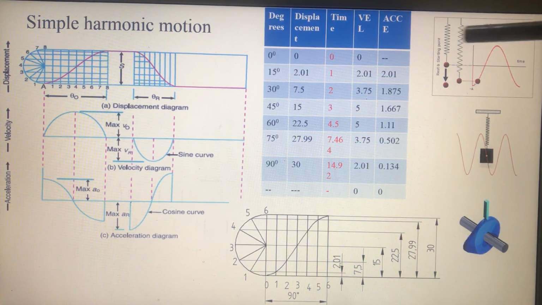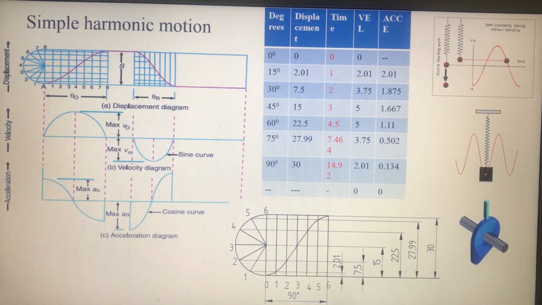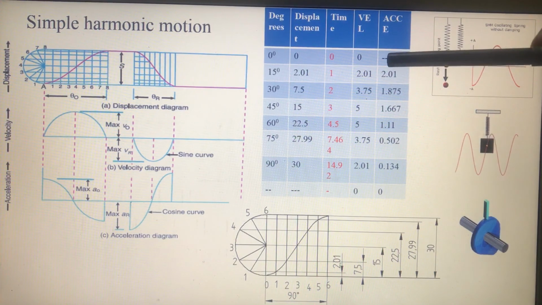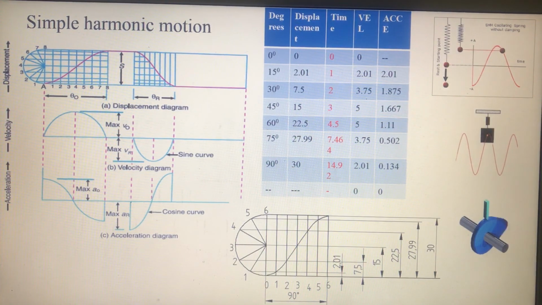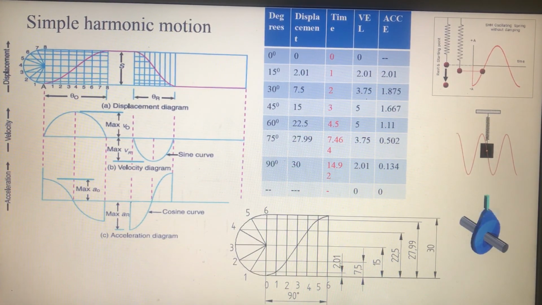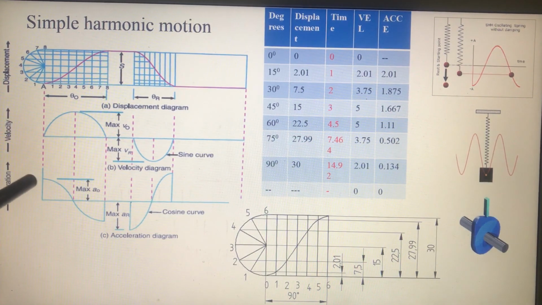That means acceleration is of a decreasing trend, from the maximum value it is decreasing, so you will get a cosine wave like this. So velocity is of sine wave type, acceleration is of cosine wave.